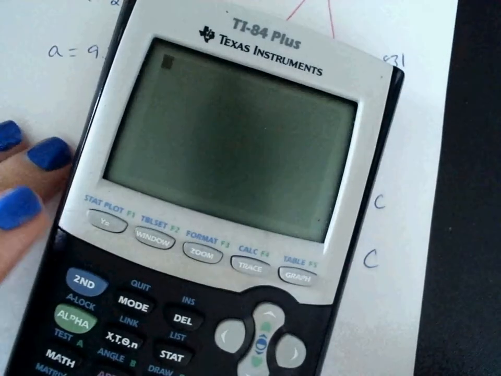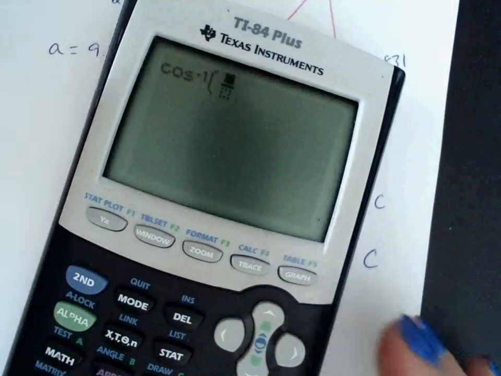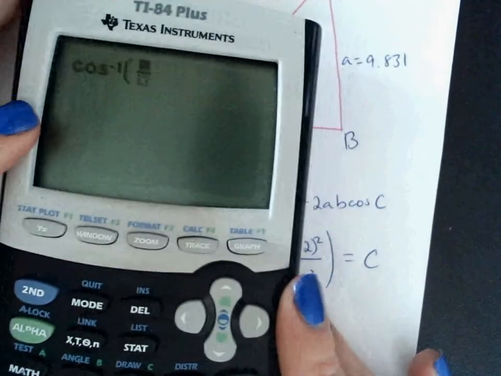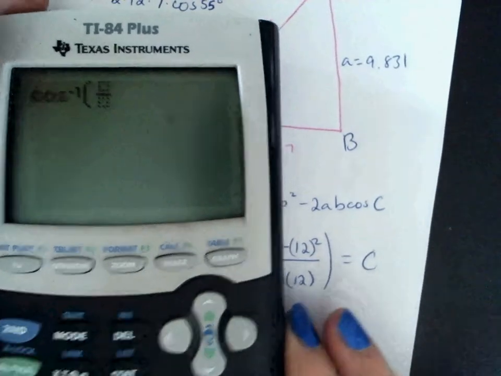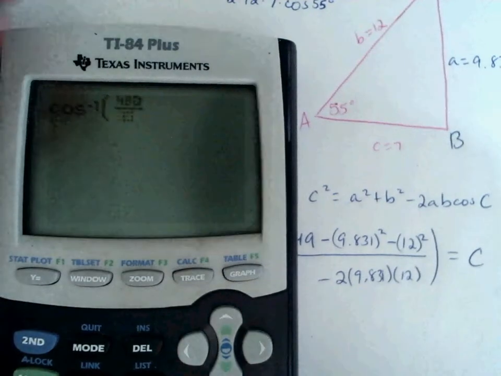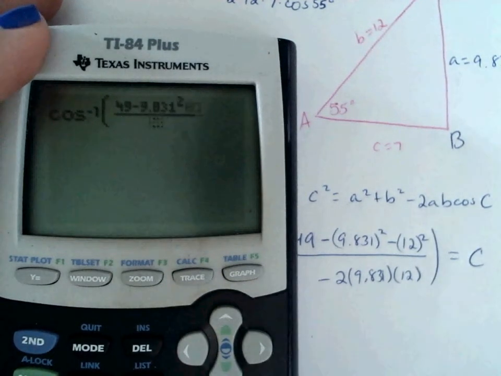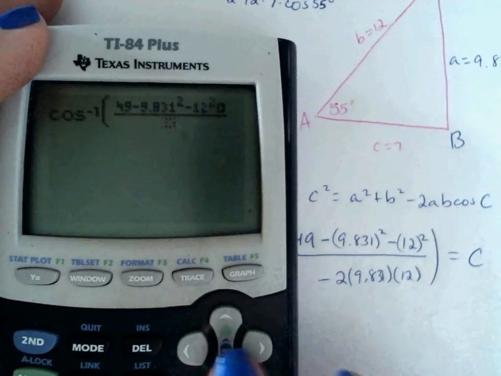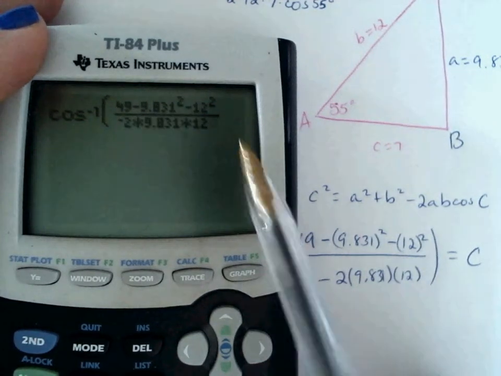So I'm going to type that in, only this time we're going to be a little bit careful about how we type it in. I'm going to say cosine inverse. You can't see the parentheses from end to end, so you could see whether or not I'm doing it correctly. 49 minus 9.831 squared, over negative 2 times 9.831 times 12.